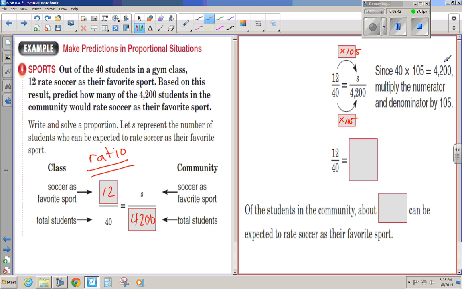So 12 times 105 is 1,260 over 4,200. That means now that top number, 1,260 kids, rate soccer as their favorite sport.